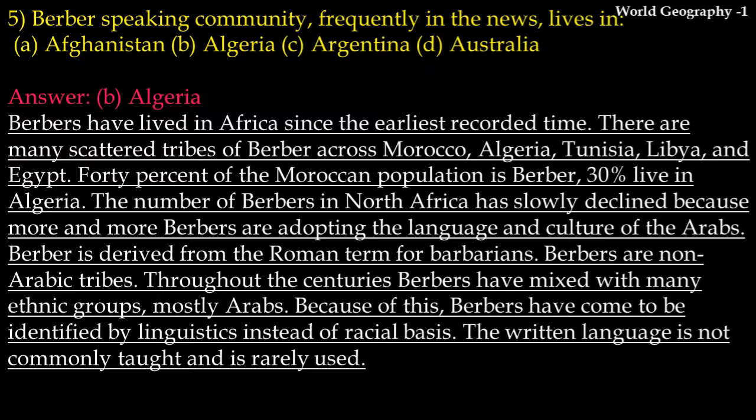Berber is derived from the Roman term for barbarians. Berbers are non-Arabic tribes. Throughout the centuries, Berbers have mixed with many ethnic groups, mostly Arabs. Because of this, Berbers have come to be identified on a linguistic instead of racial basis. The written language is not commonly taught and is rarely used. So here the answer to this question is option B, Algeria.